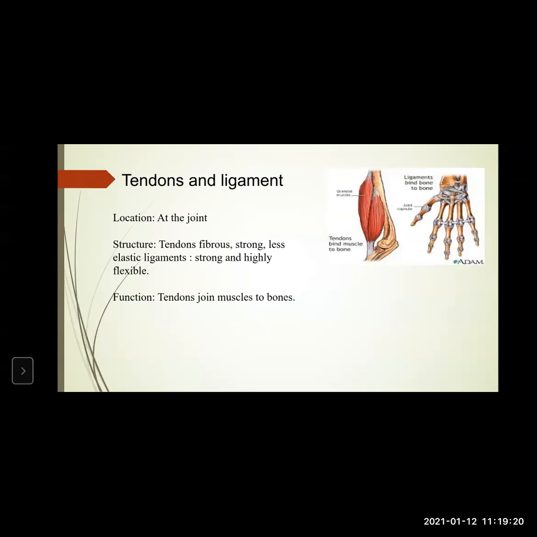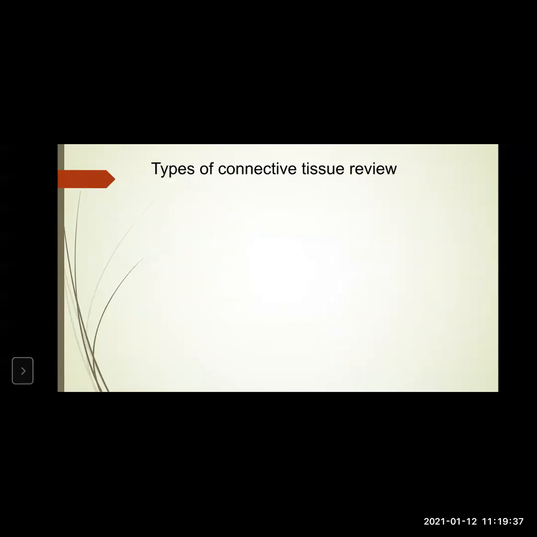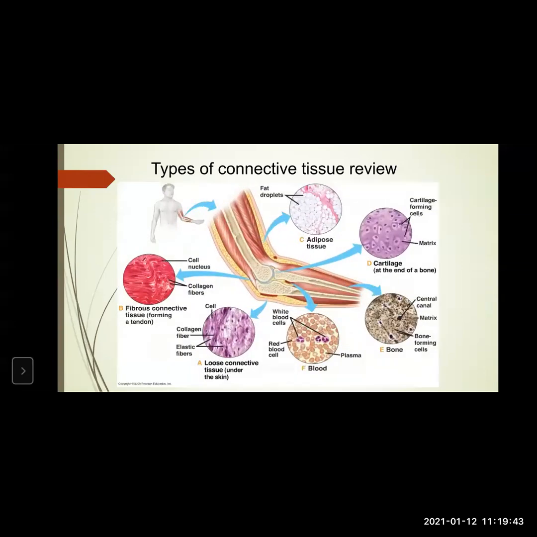Function of tendon is to join muscles to the bone. Remember this point very strongly. Tendon joins muscles to the bone, whereas ligaments join bones to the bones.